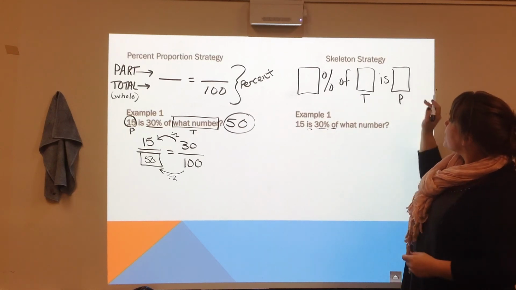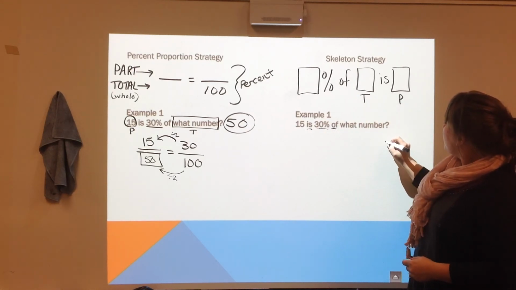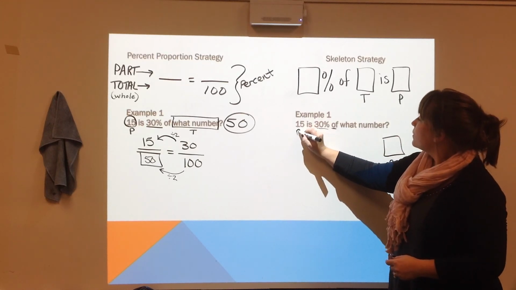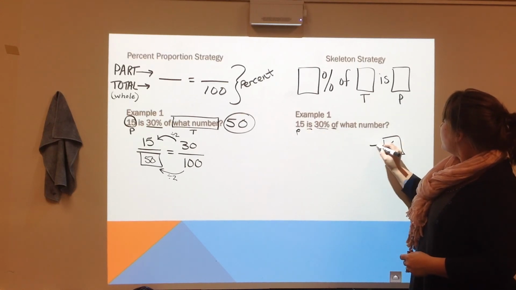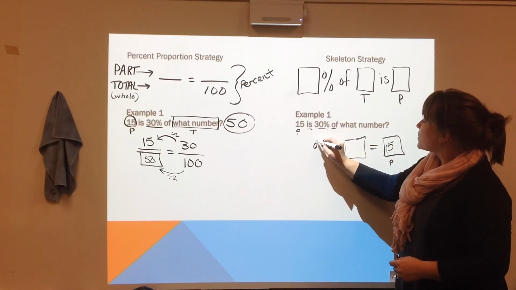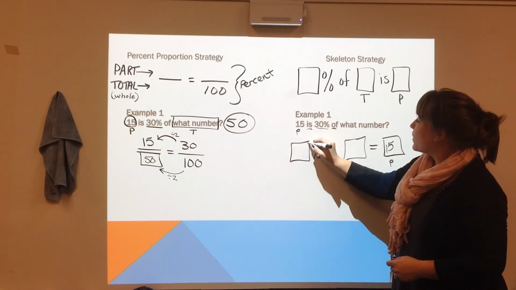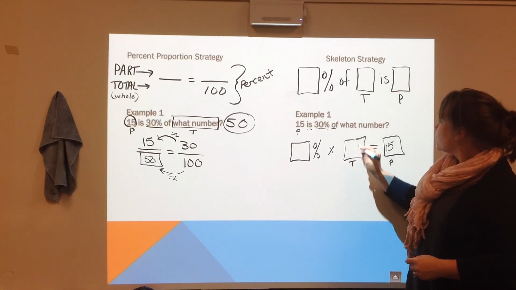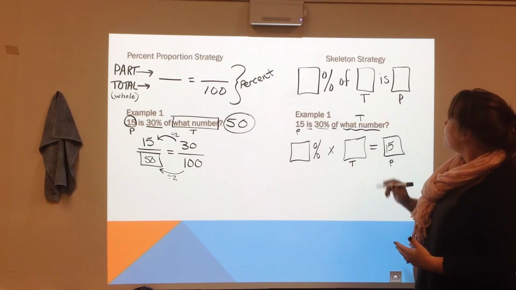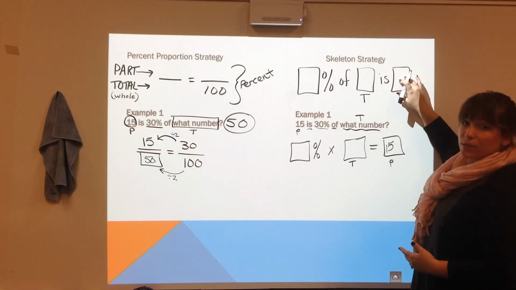So we have to read this as the part, 15, is equal to something times the percent. See how I went backwards there? The total is the missing piece. That's what we have to find, and we're given the part.